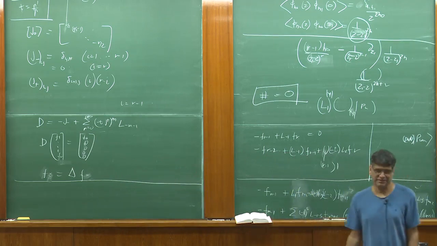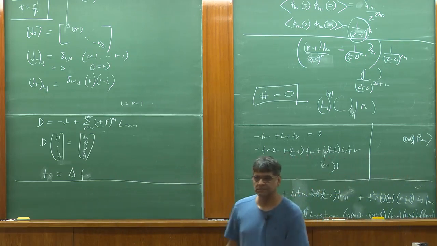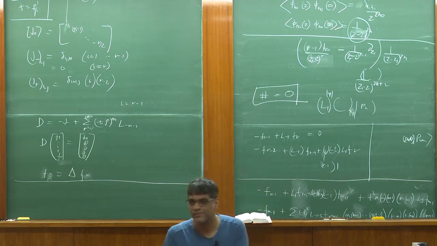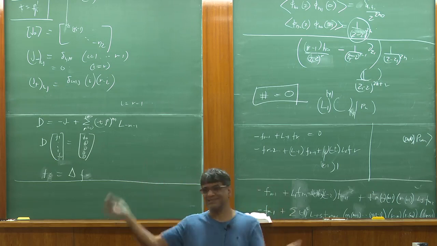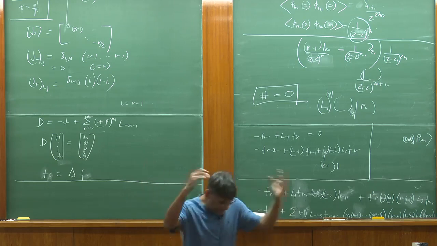Sure. So if we just do a conformal transformation of this equation to the cylinder, we should be getting the same constraints. No, of course, we are getting the same constraints. The whole thing is fitting together, right?